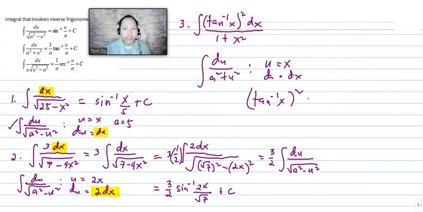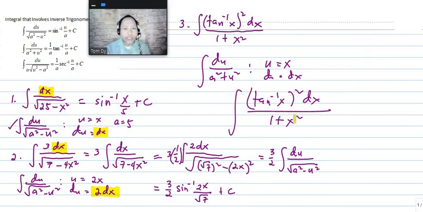Arctan squared dx over 1 plus x squared. If we declare this one as our a squared plus u squared, then our target du must be this one. This is du, and then supposed to be du. However, this one, our du is dx.